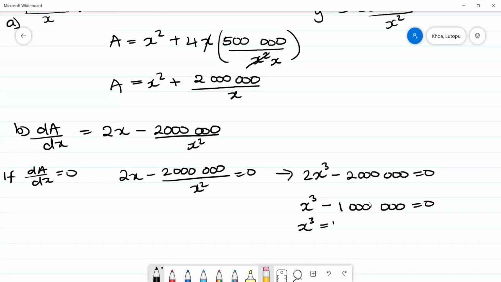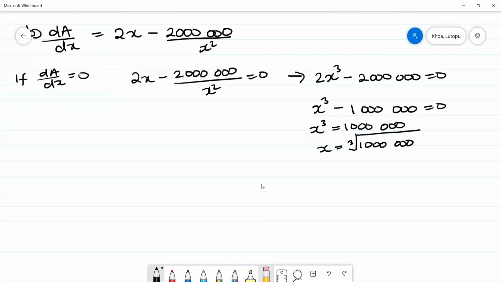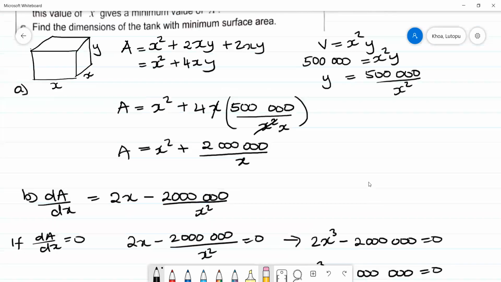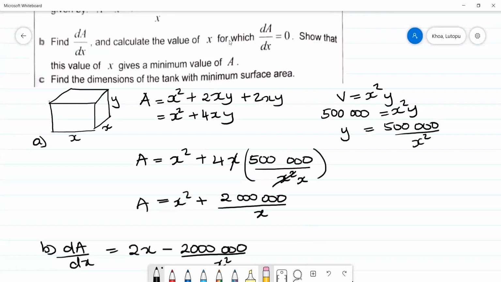So x cubed is equal to 1 million, and x is the cube root of 1 million, which is 100. Okay, so x is 100. So that's what the question said. Find the first derivative and then the value of x for which dA/dx is equal to 0.